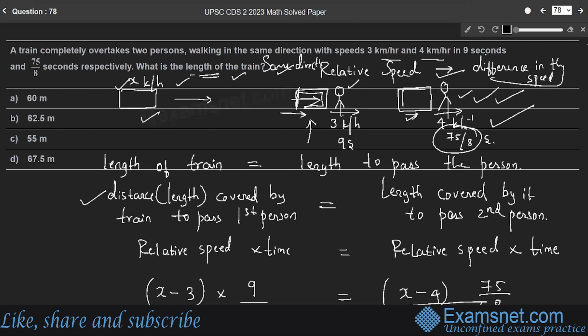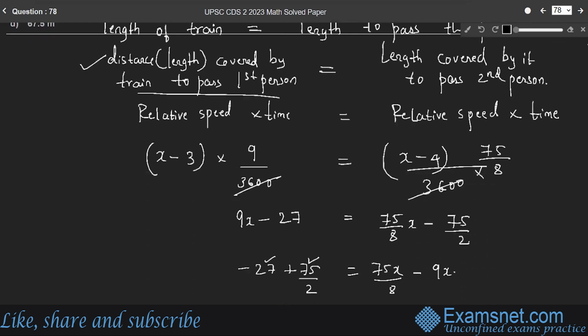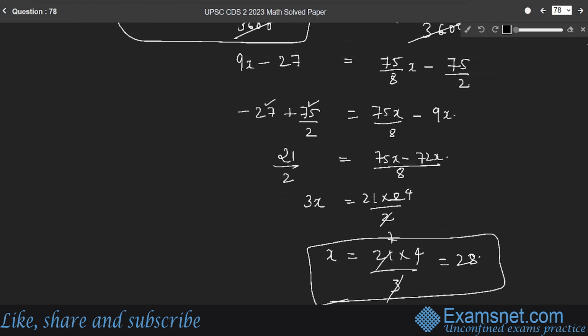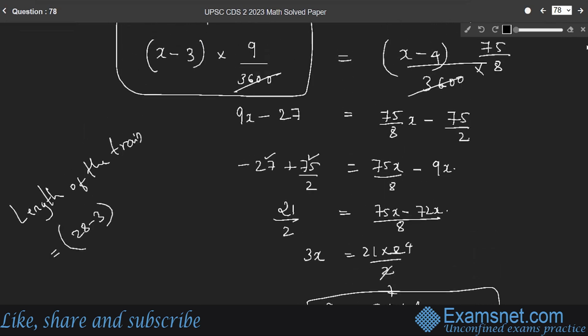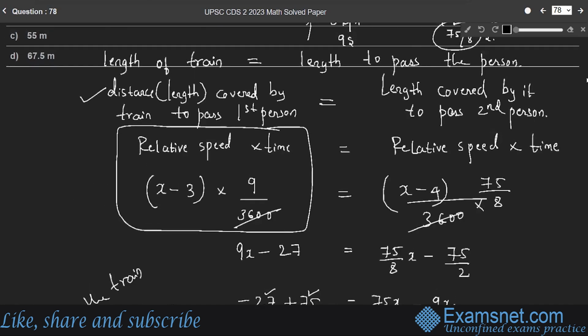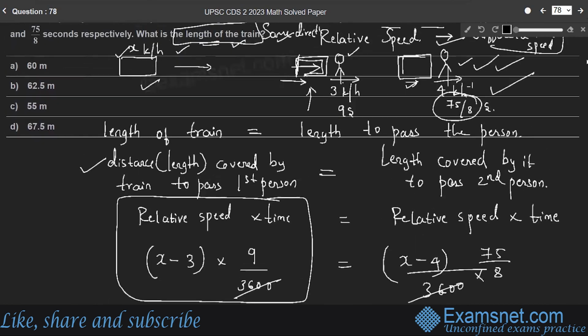The question is to find the length of the train. In either the first case or the second case we can take it. The length of the train in the first case is x minus 3 into 9 by 3600, which is 28 minus 3 into 9 by 3600 kilometers.